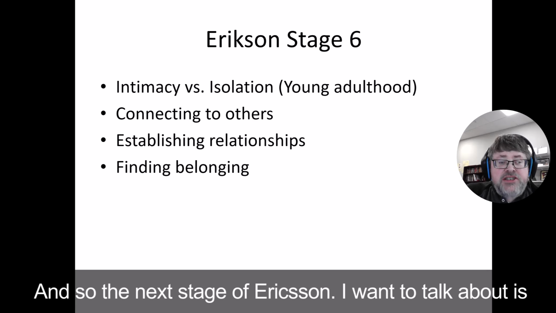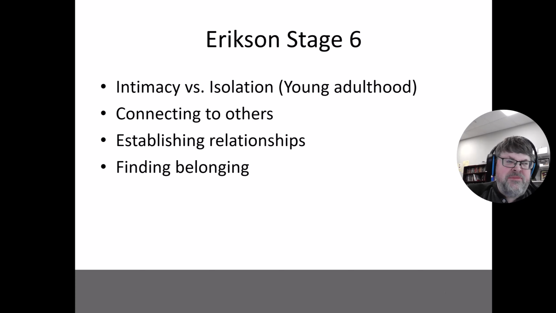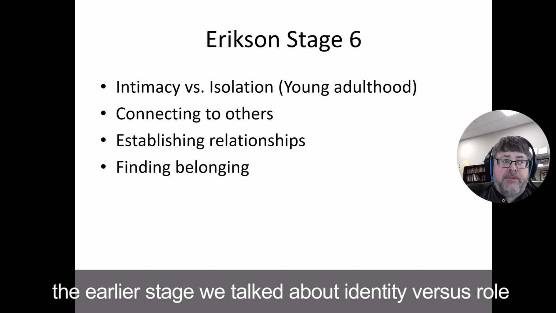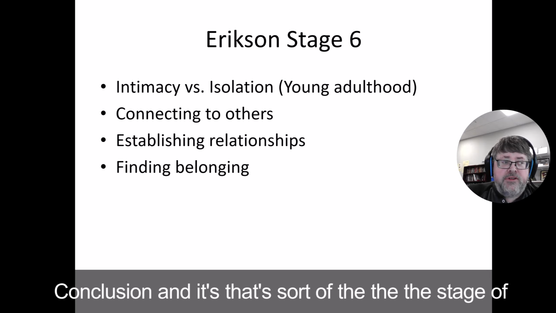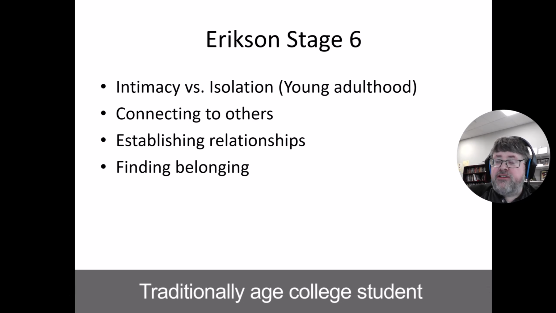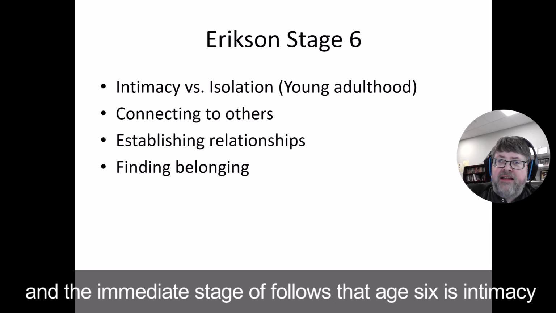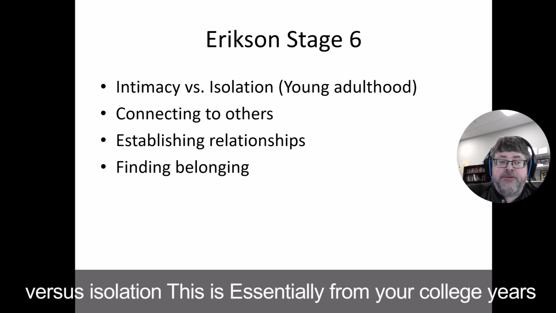And so the next stage of Erikson I want to talk about is the sixth stage of his eight stages. The earlier stage we talked about was identity versus role confusion, which I mentioned is the stage of adolescence, going through the first years of college for a traditionally aged college student. The immediate stage that follows that, stage six, is intimacy versus isolation.